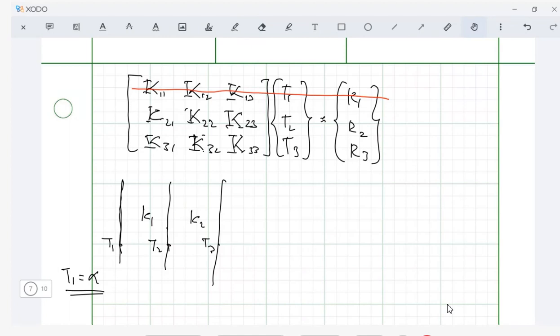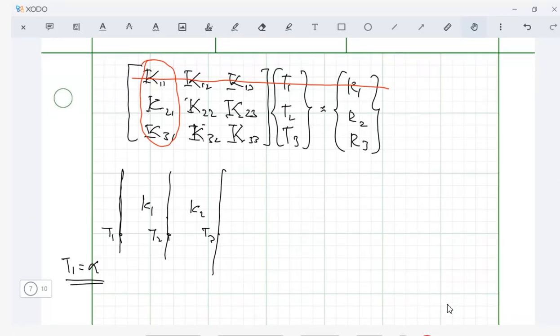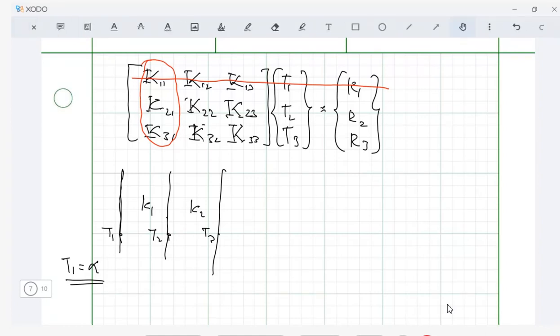But before that, recall that T1 is not equal to 0. And because of that, we need to do this, because this column here must be times T1. Or simply, if I rewrite this, it will become something that looks like this: K22, K23, K32, K33.